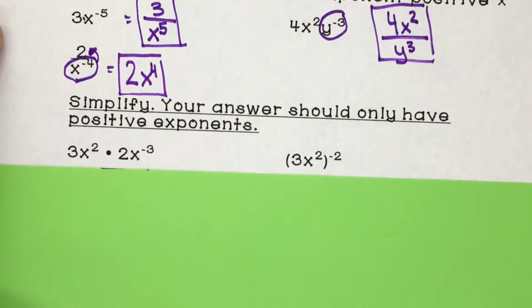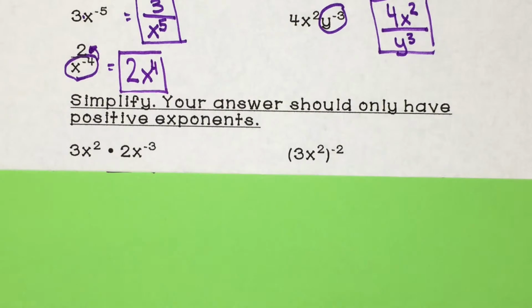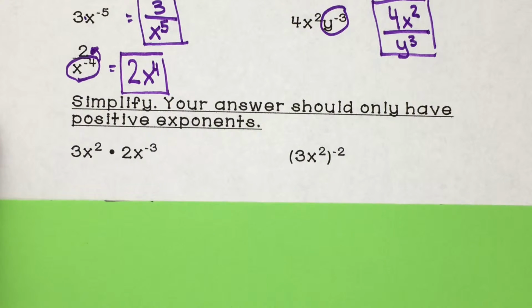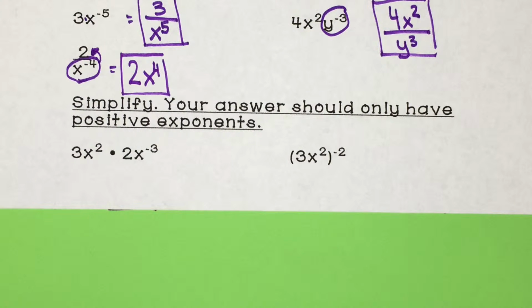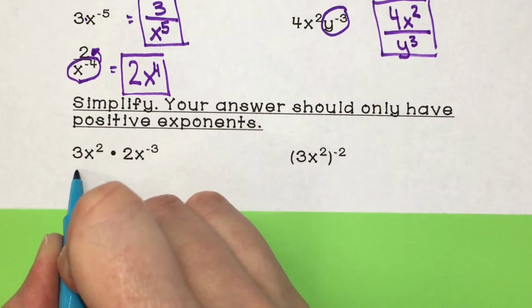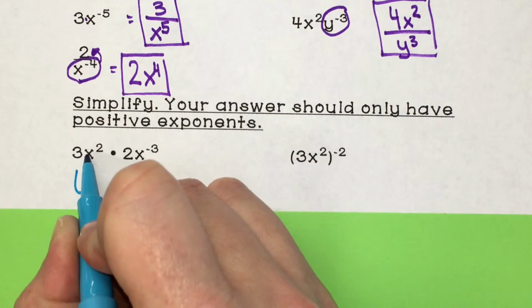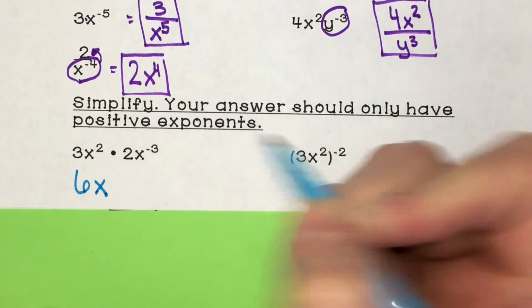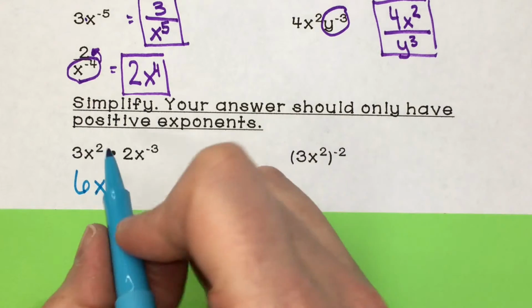Okay, so we're going to simplify. You're going to write your answer using only positive exponents. So here we have 3 times 2 is 6, and we're multiplying the bases of x. And remember, when you multiply bases, you add the exponents.